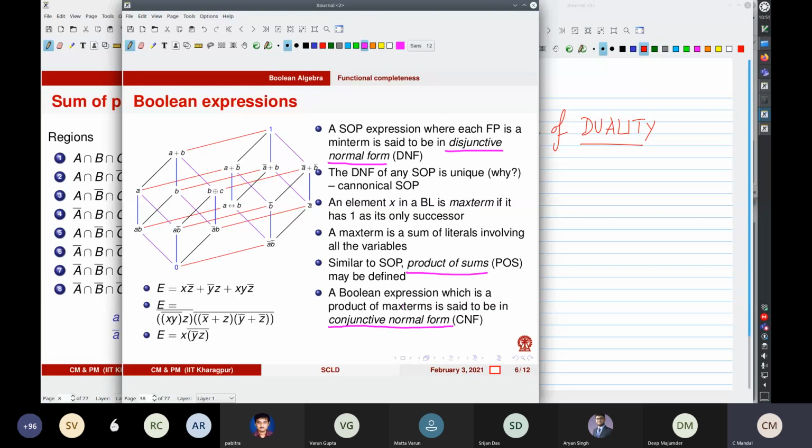So when you consider a sum of min terms, that gives you the disjunctive normal form, and when you have a product of max terms, that gives you another canonical representation, the conjunctive normal form.